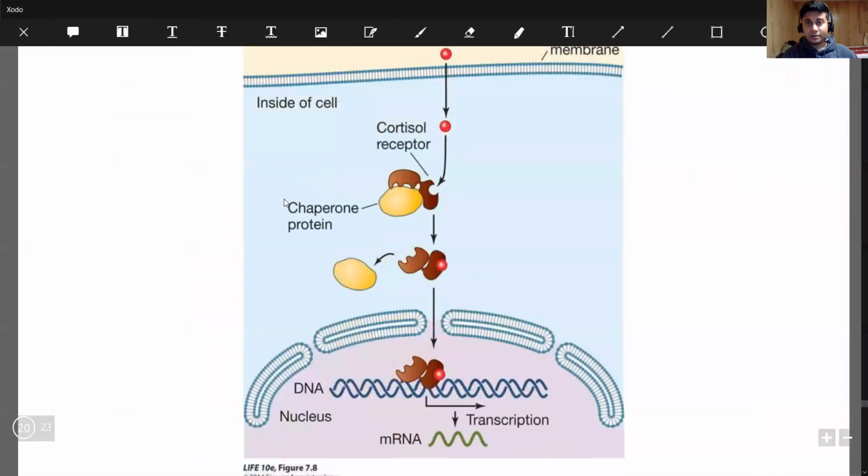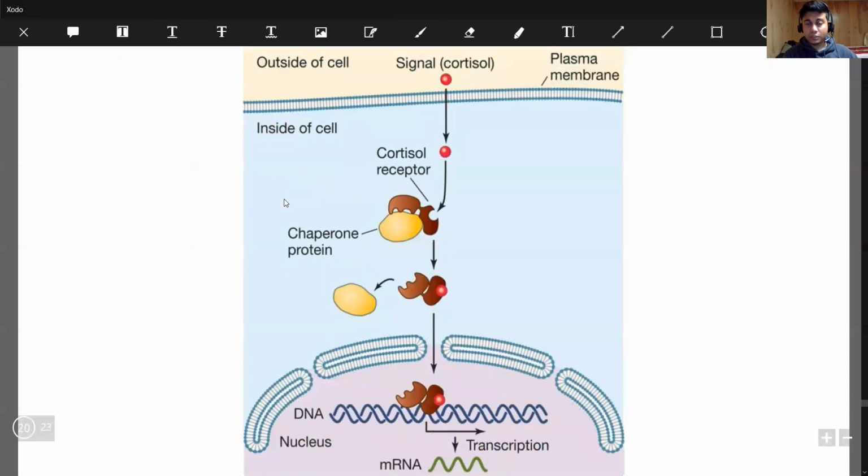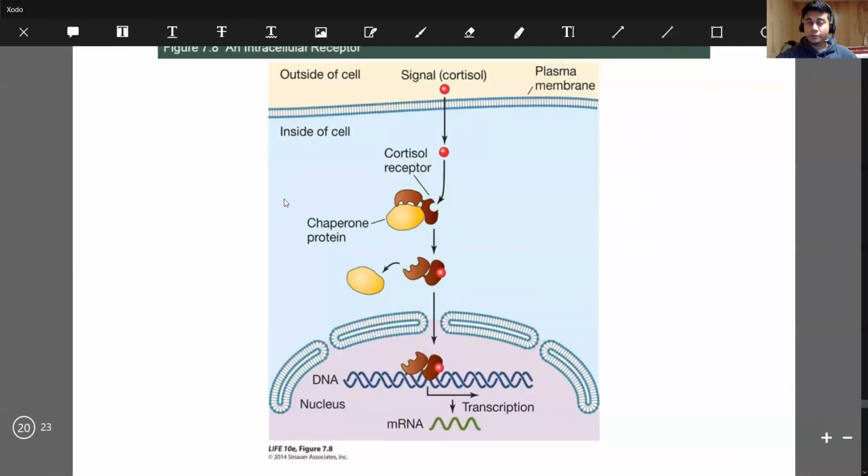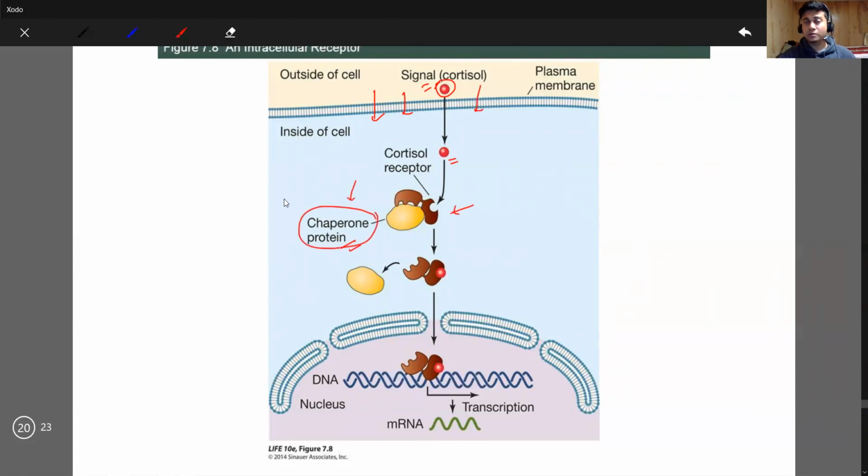More detail here: cortisol has an intracellular receptor, so how does it work? As you see, cortisol is the signaling molecule and it is passing through the plasma membrane, and this cortisol receptor is inside the cytoplasm. This receptor has some protein bound to it. These proteins are called chaperone protein, or sometimes heat shock protein, or some protective protein.